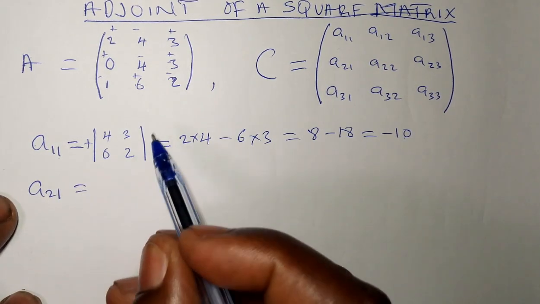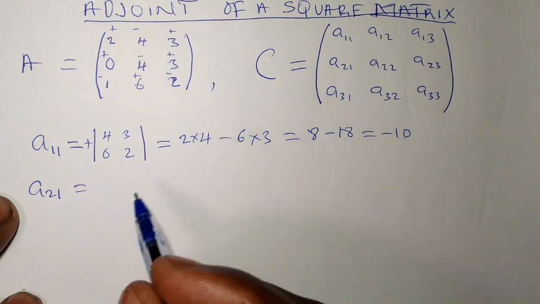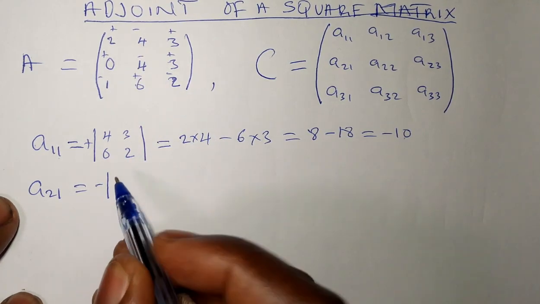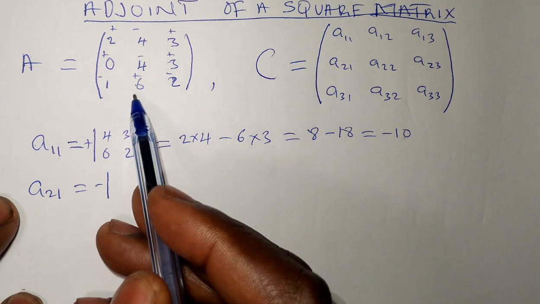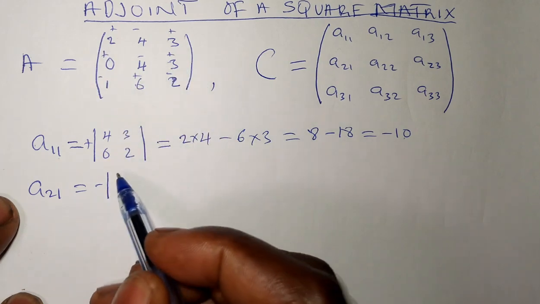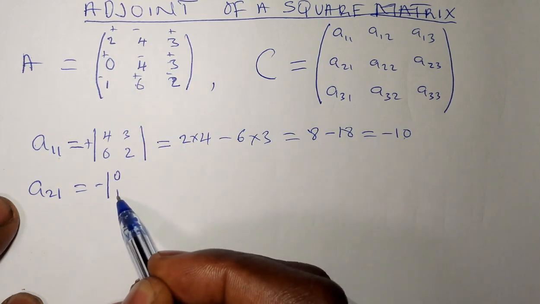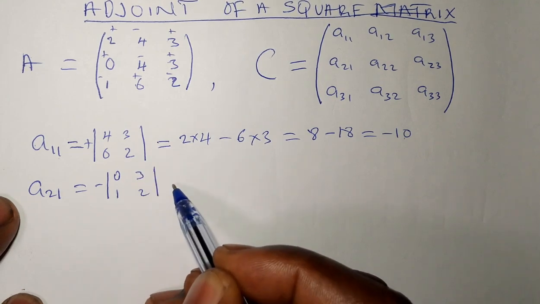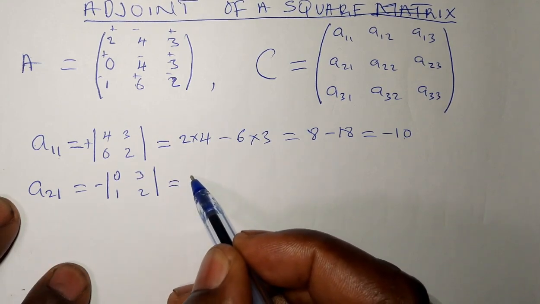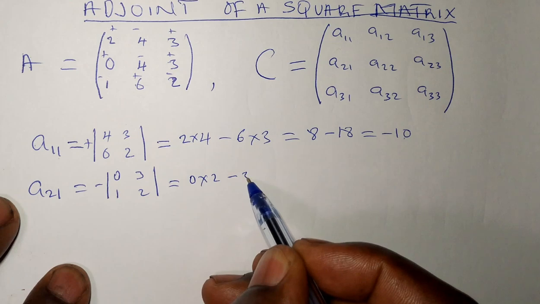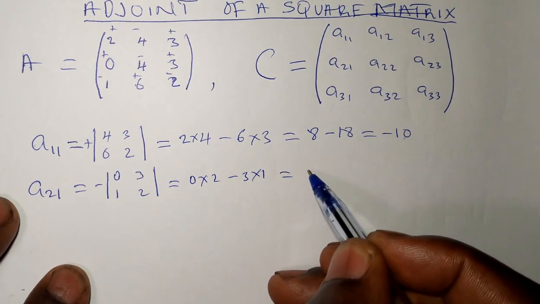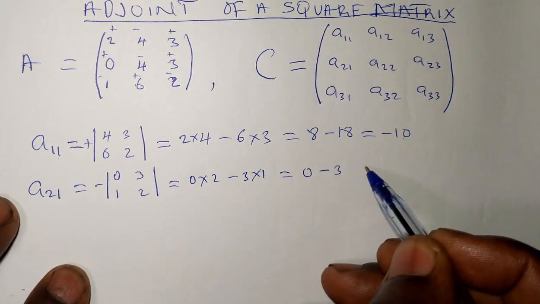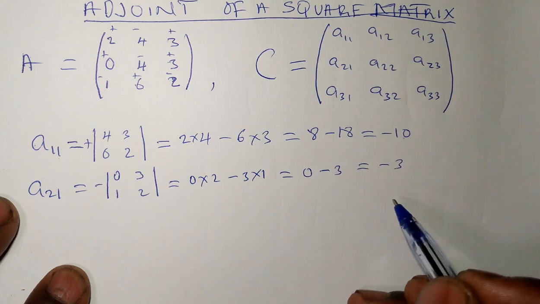So let's take A21. A21 is equal to, so A21 here, if you check, this is negative. So you cancel this column, cancel this row, so that you are left with 0, 1, and then 3, 2. So let's find the determinant of this. The determinant of this will be 0 times 2 minus 3 times 1, which is the same thing as 0 minus 3, and then we have this as minus 3.